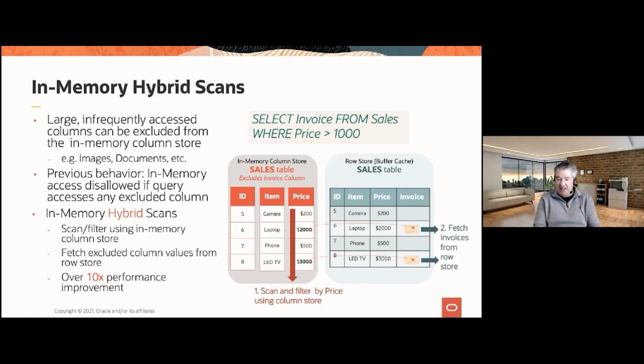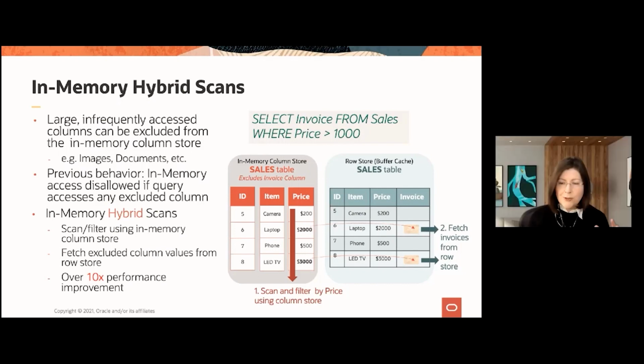We scan the table in the column store, and then for those individual rows that are returned, we can go pick up those projection column values from the row store. Some people will ask, does that make sense? It can be quite useful to be able to mix and match, because the whole point of excluding columns was to save column store memory, since maybe you don't access those columns very often.